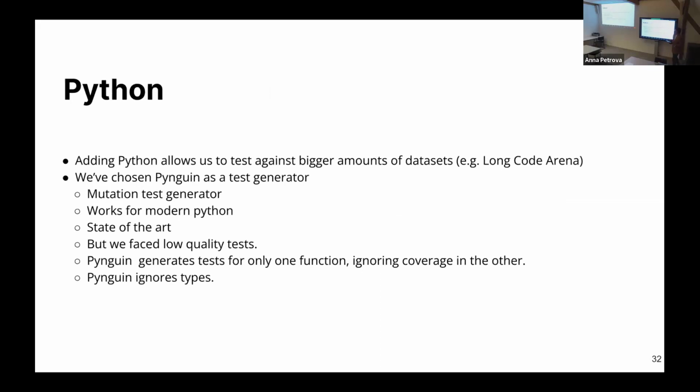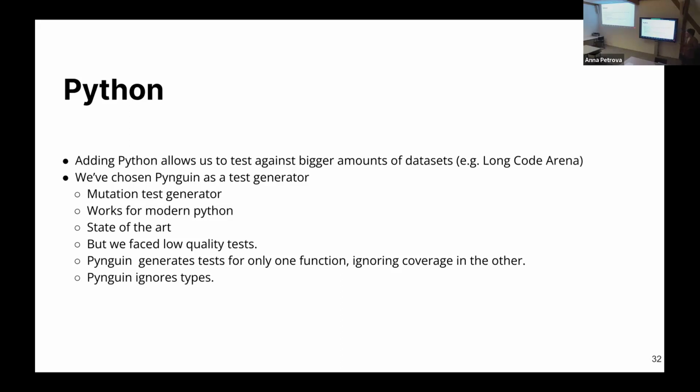So now I'm adding Python semantic metrics, because our colleagues from the MLFS lab are implementing a low-code LLM dataset that has more difficult tasks and is just bigger. For this, I used Pynguin test generator.